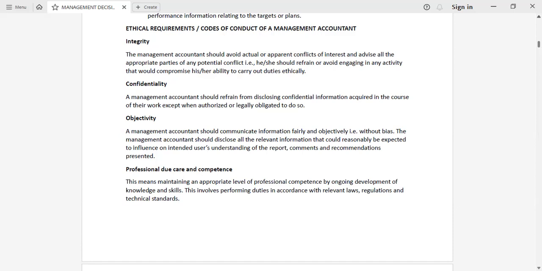workshop or seminar. If it has been employment, someone has been employed, you find that that person is actually gaining knowledge every time that person is working for the organization.